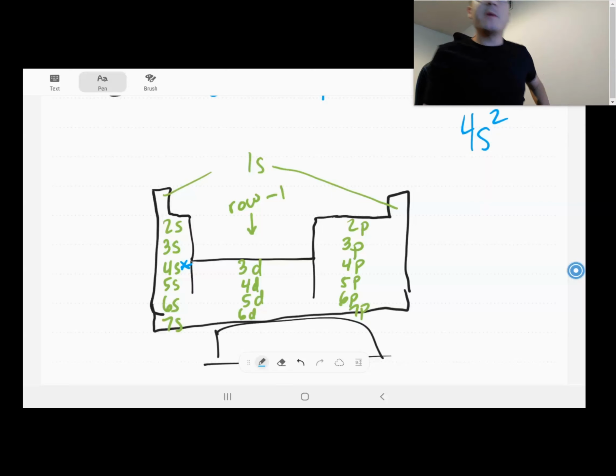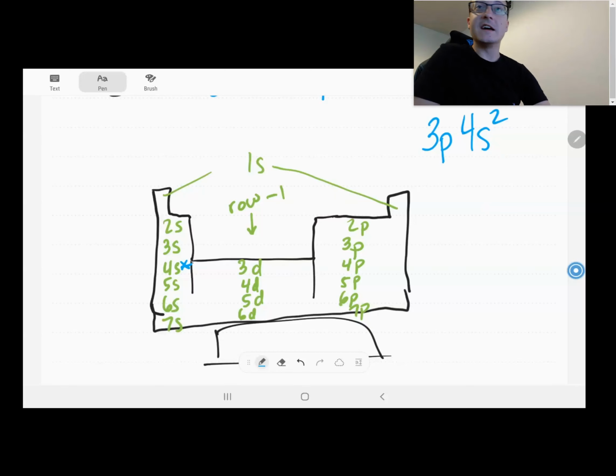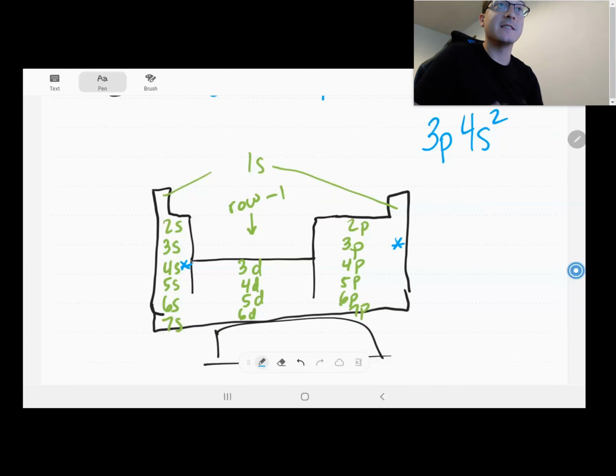Yeah, argon is 3p. It's not going to be 3p1, Robert, but it's going to be in 3p. So we know that the orbital right before 4s, as we're moving backwards on the periodic table, is 3p. So argon is right here, right? It's the last one of 3p.